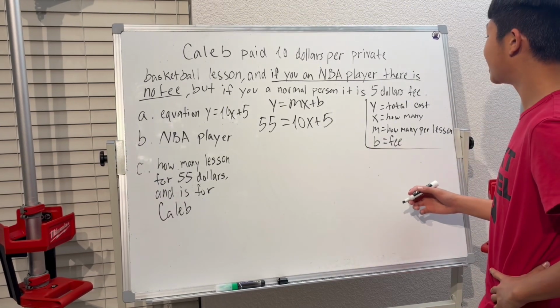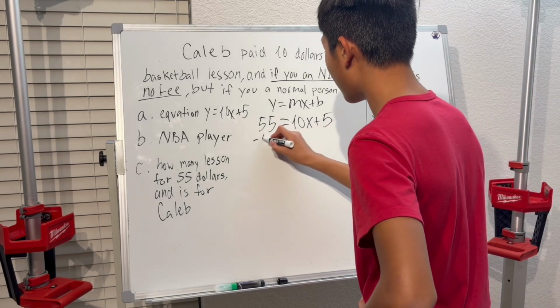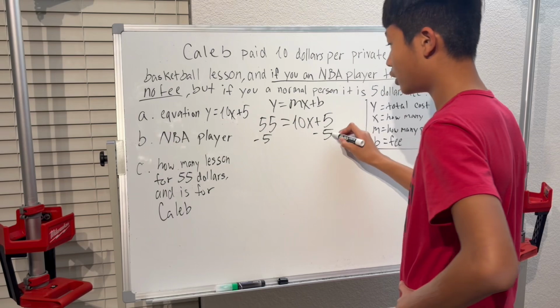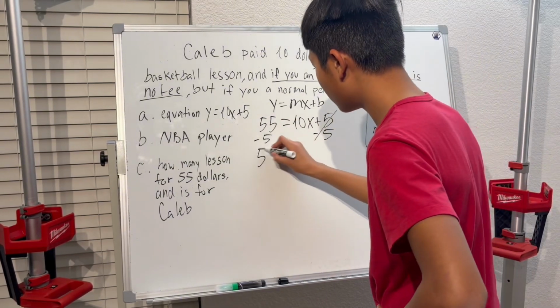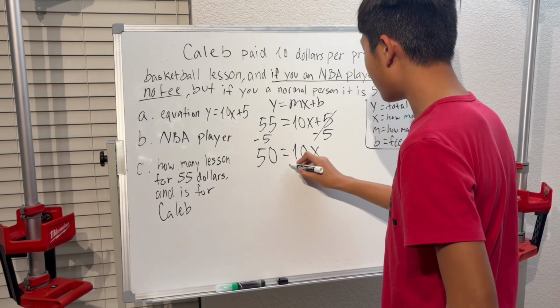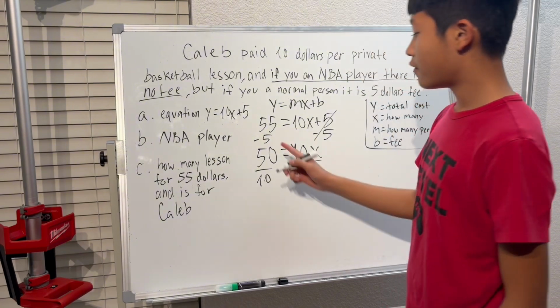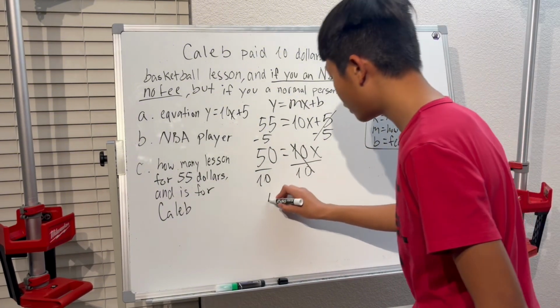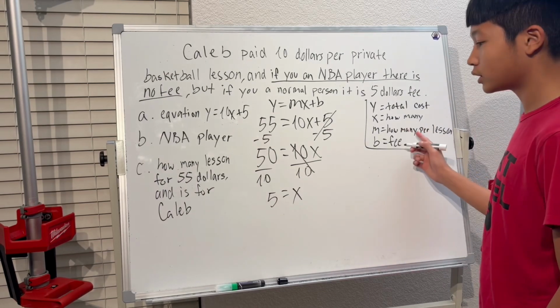So just solve this quick equation and we find x. And x is how many lessons. So let's just subtract 5 from both sides. This cancels. 55 minus 5 is 50. 50 equals 10x. Divide by 10 on both sides. 50 divided by 10 is 5. So 5 equals x. And x is how many lessons.